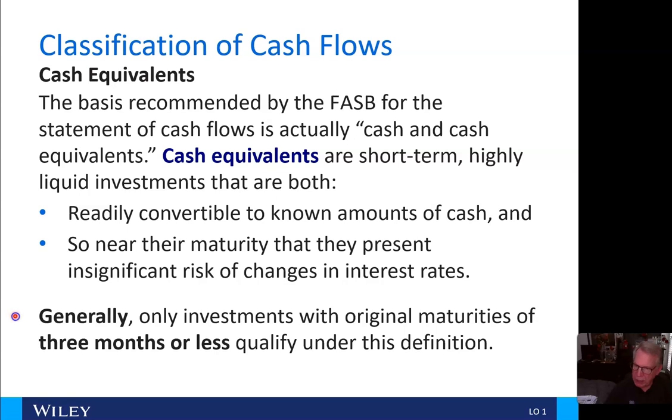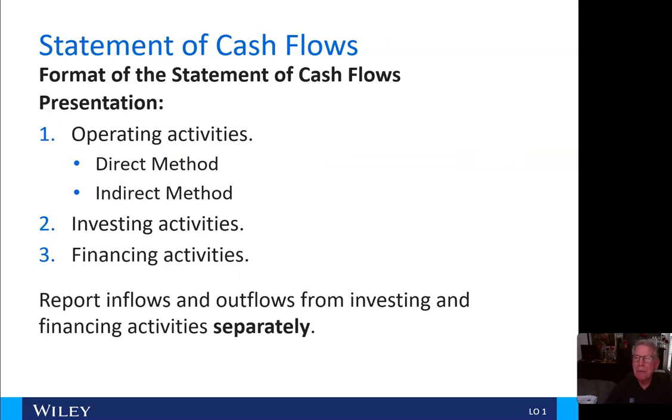So generally, only investments with original maturities of 3 months or less qualify under this definition. I, for one, have never done these short-term investments for more than a month. I always want to be sure I can lay my hands on that precious cash if I need it.